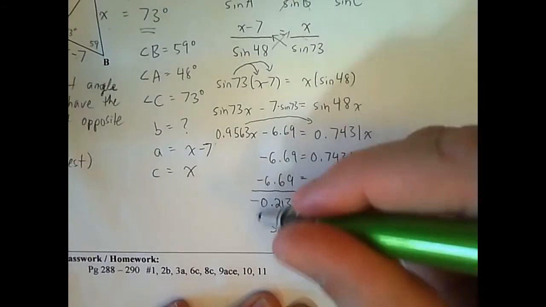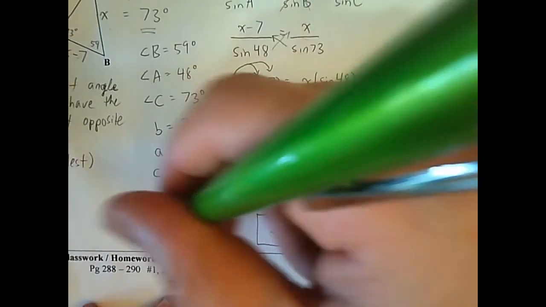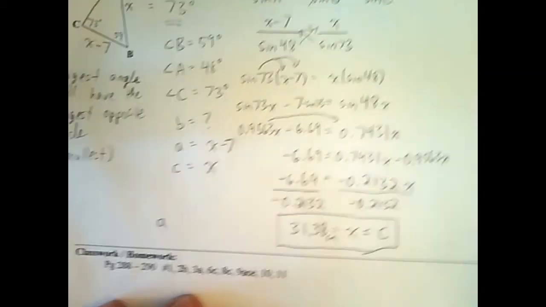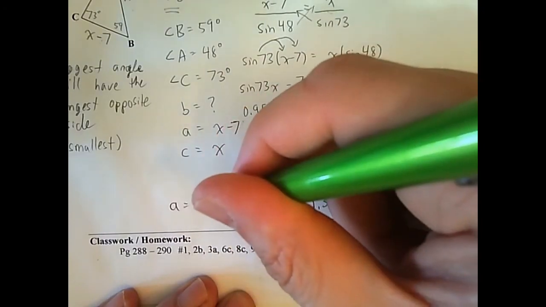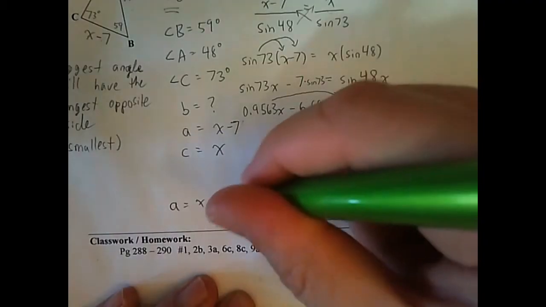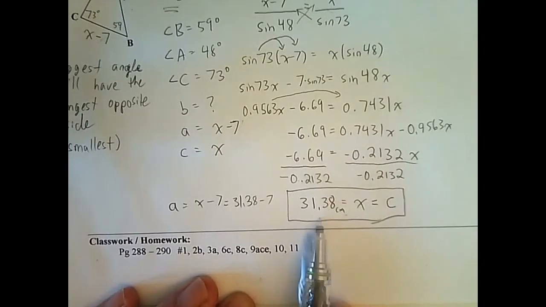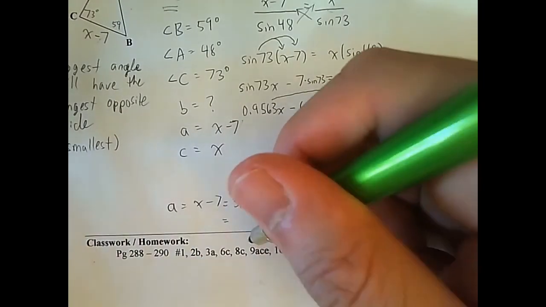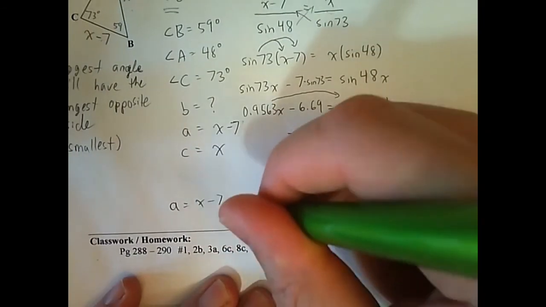Now, I have side C. If I wanted to find side A now, well, we said A is equal to x minus 7, which is equal to 31.38 minus 7, because we said x is this number. So if I subtract those two numbers, I get 24.38.